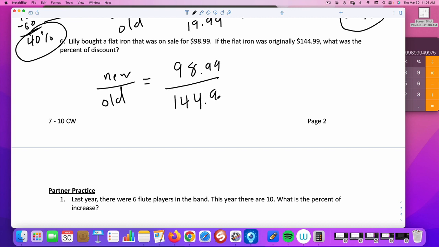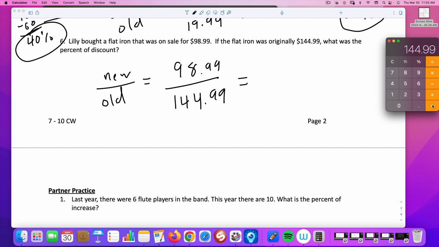Divide those together. What do you get in your calculator, Jackson? You get like 1.69 blah, blah. Reverse it. You put 144 on the top. You need 98.99 on the top because this is your new price. Plug it into your calculator like that.